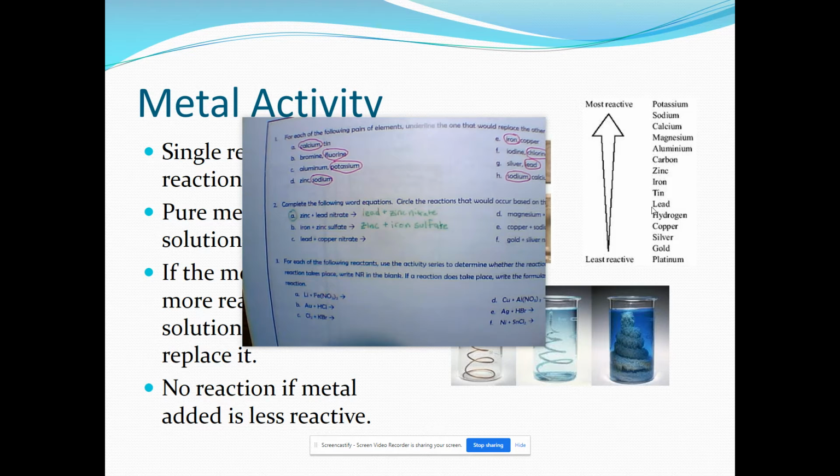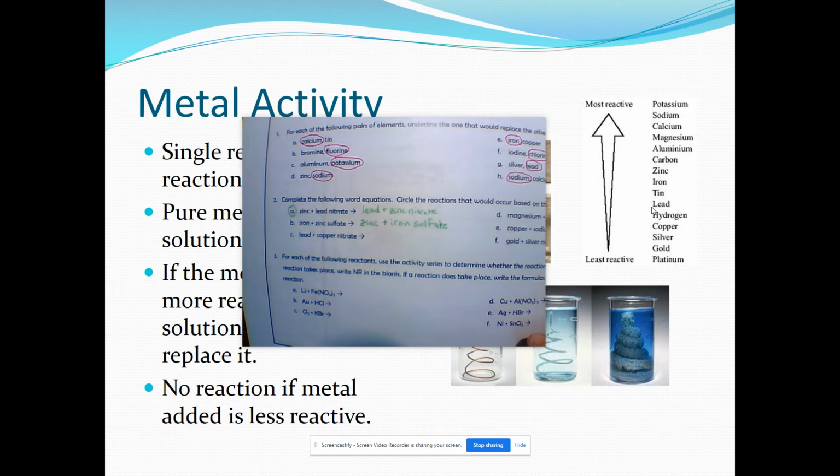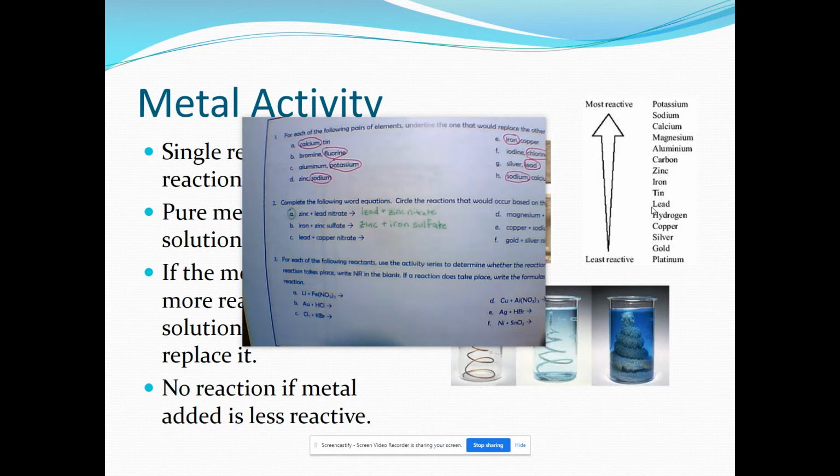So if we look at our metal activity series, we see that iron is below zinc. So because iron is below zinc, it will not react. Okay, so we're looking at when we put the pure metal in a solution, if that metal is above what we put it in, then it will react. If it's below, it will not react.